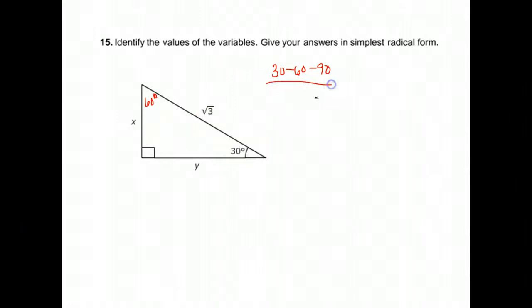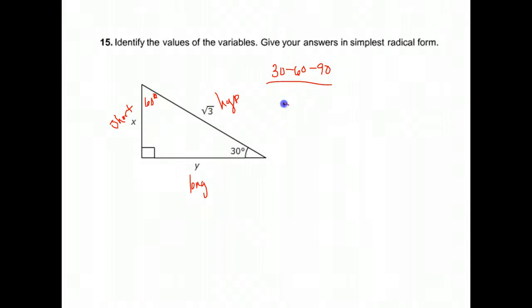Well, hopefully in your notes you wrote down how to find the parts of a 30, 60, 90 triangle. If not, the rule that I use is you always find the short leg first. Notice we have a short leg, a long leg, and the hypotenuse.